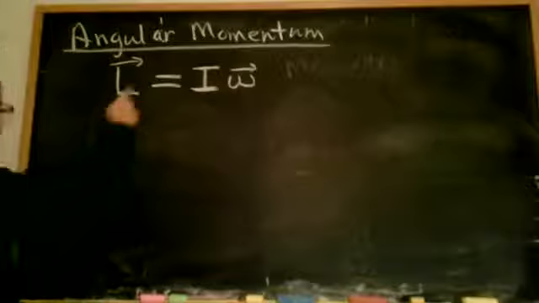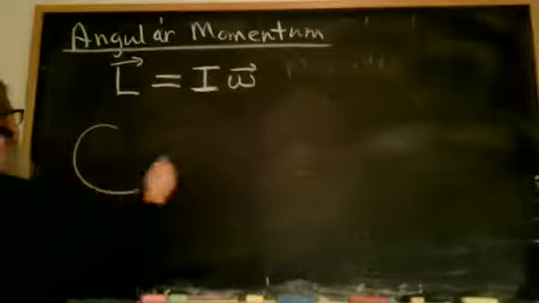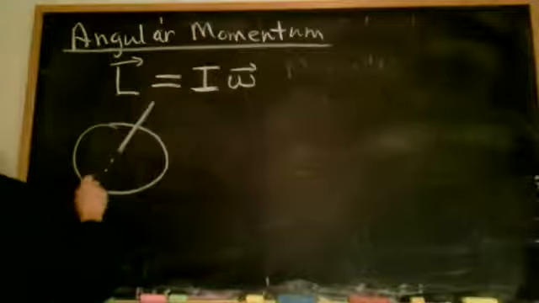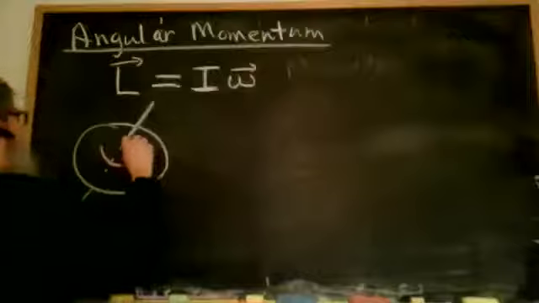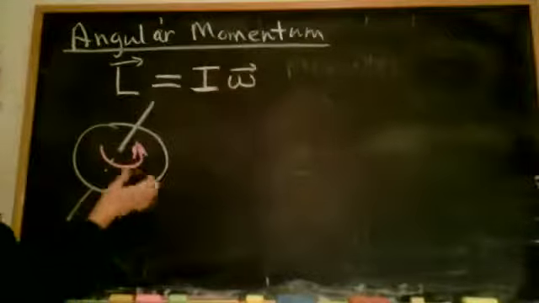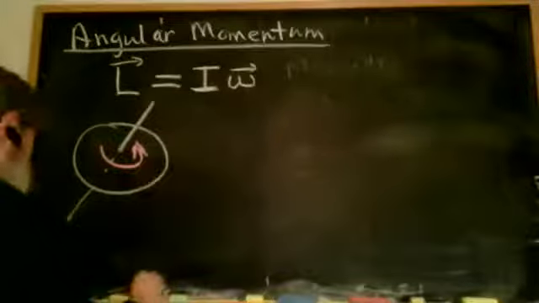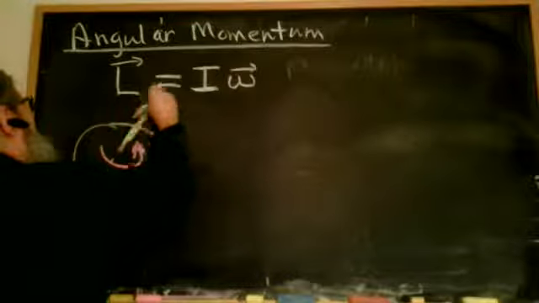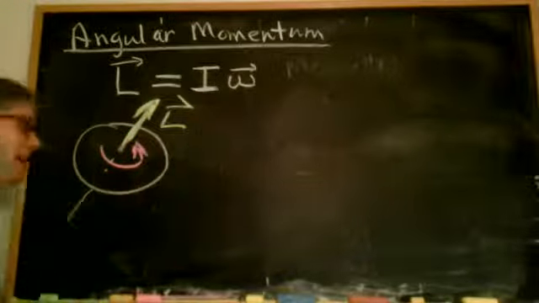And in most circumstances with a spinning body, say here I have a globe, and there's an axis of rotation that goes through it. And if the body is spinning like this, say we're looking from the top down, you can use the curly fingered right-hand rule to basically infer that the angular momentum is pointing along the same axis as the rotational velocity.